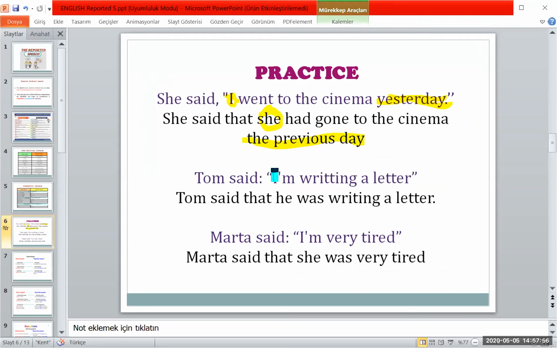So, see, "I am writing" becomes "he was writing". Why is it so? Because of the changes that we need to do while reporting an original sentence. This is the original sentence because it's in quotation marks, as you see. And while we are reporting it, we change this I into he and "am writing" into "was writing".